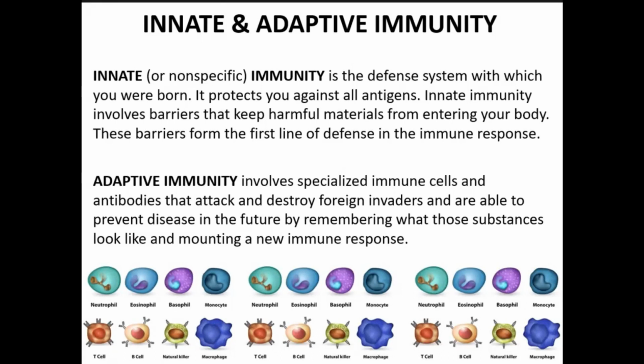And then we have the adaptive immunity, which involves the specialized immune cells and antibodies that attack and destroy foreign invaders and are able to prevent disease in the future by remembering what those substances look like and mounting a new immune response. Okay, so everyone by now knows about antibodies, so that's part of the adaptive immunity.